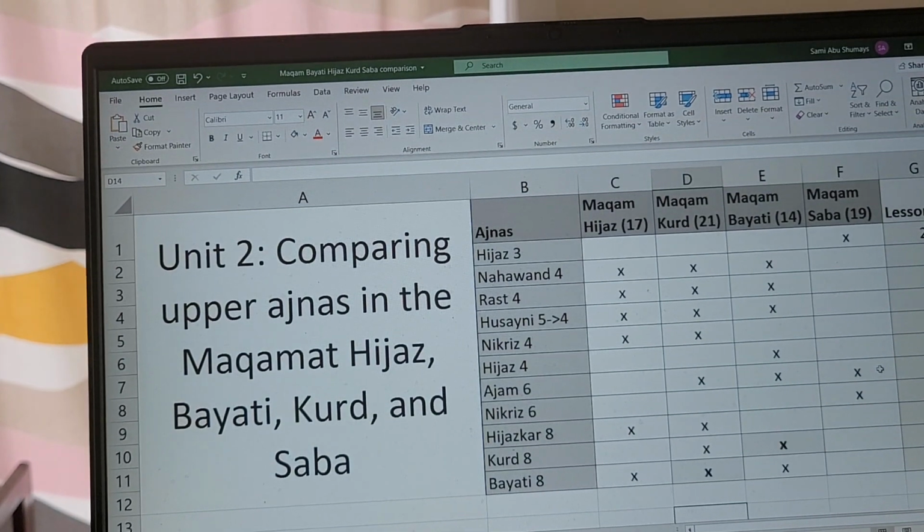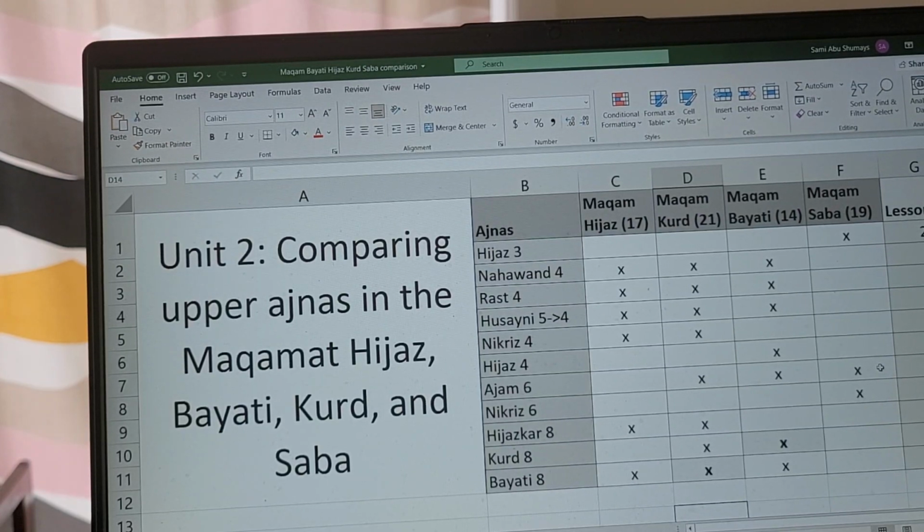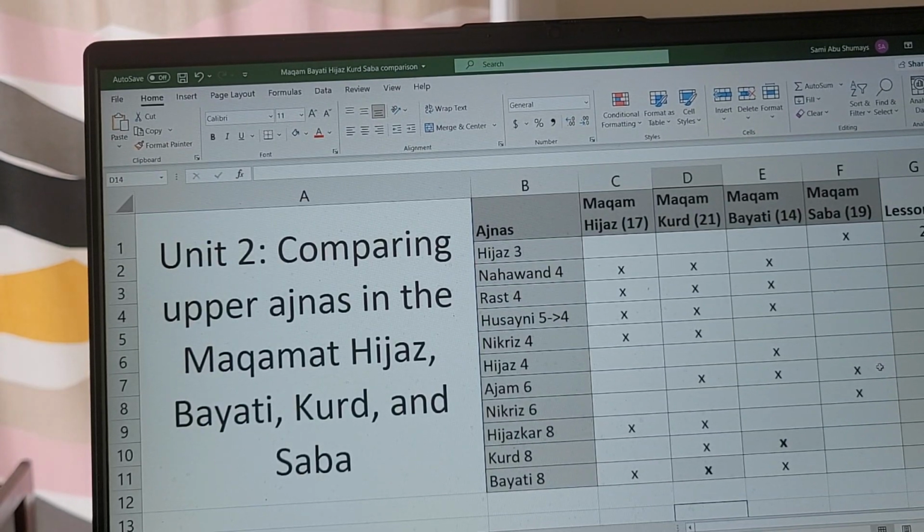Six, right? Ajam 6. I'm going to show you the chart while I finish playing. Ajam 6. Nahawand 4. Kurd. Saba, because you get the flat 4 of Hijaz. Saba.